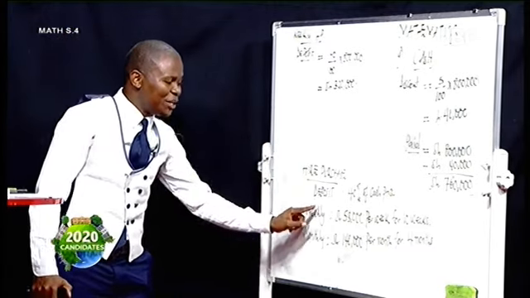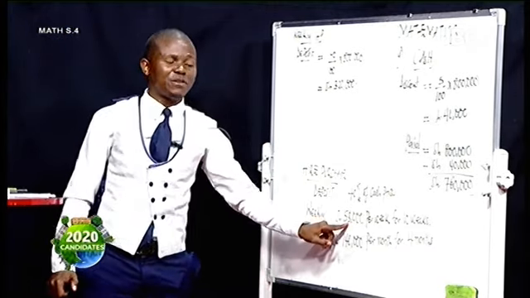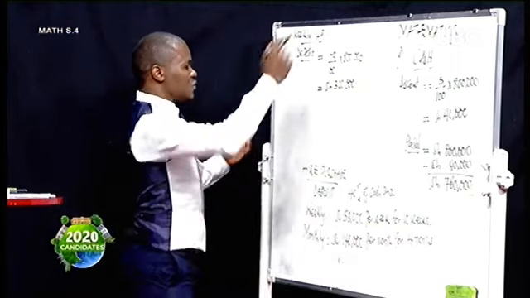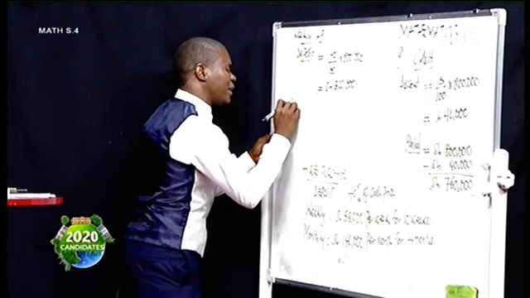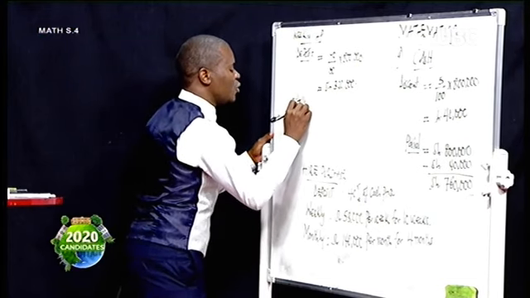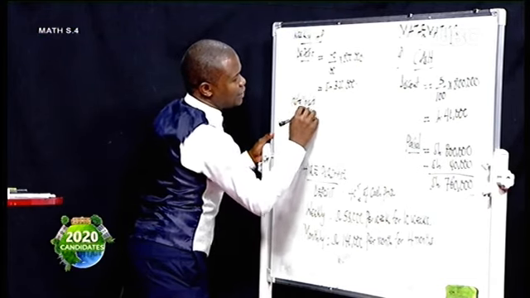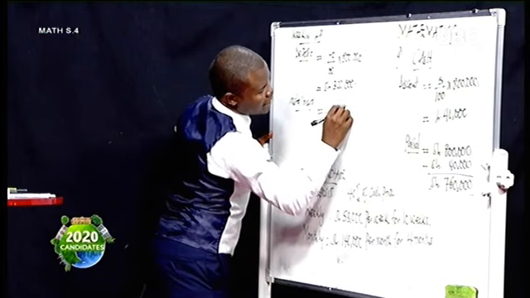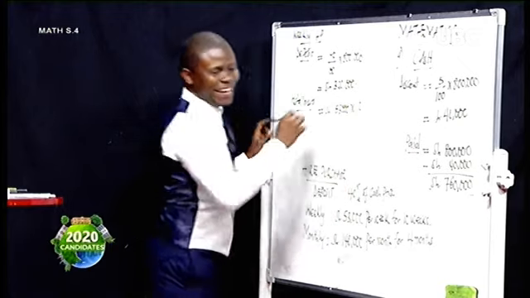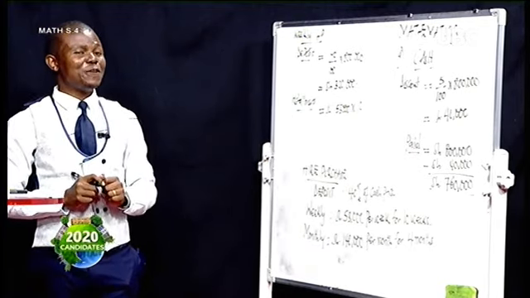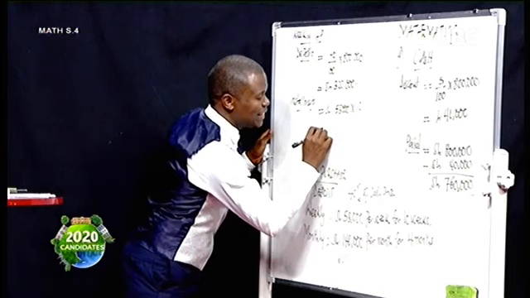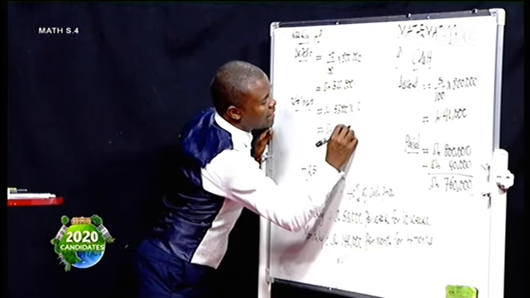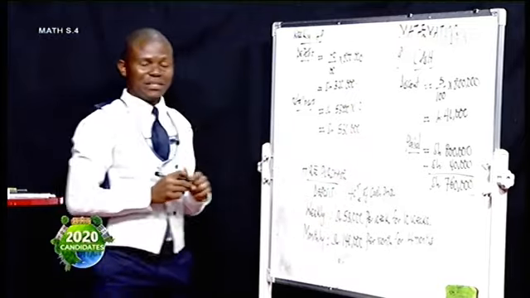And then they told him, now per week you're going to pay 53,000, but make sure you pay it for 10 weeks. So the installments he will pay are going to be shillings 53,000 multiplied by 10. When you multiply 53,000 by 10, it means that he is paying 530,000.